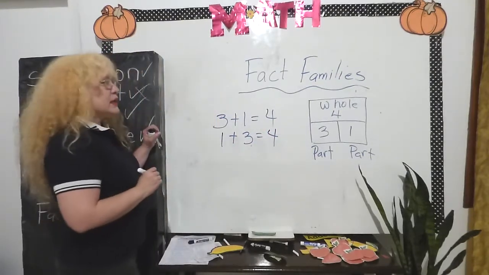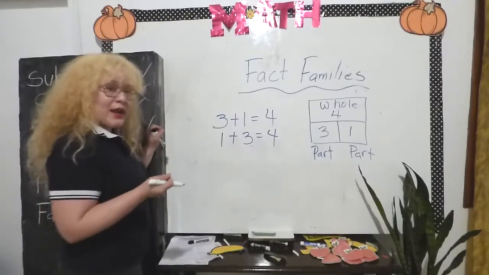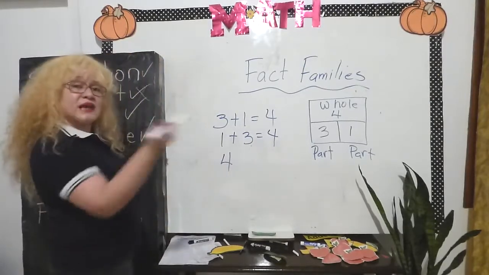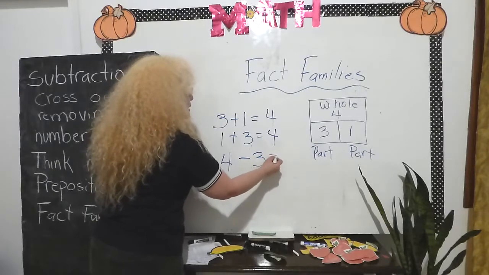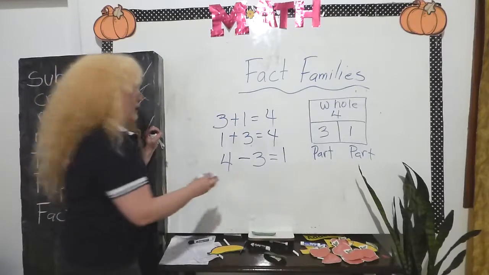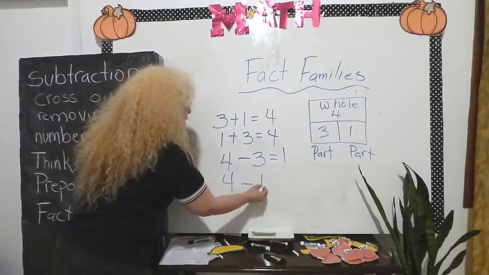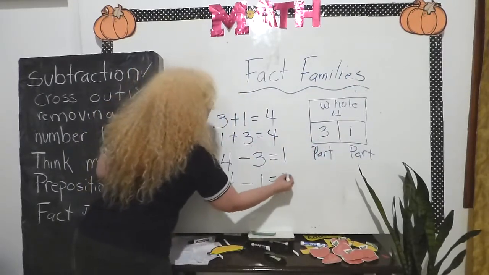It's 4. Now I am going to make a subtraction and I am going to take away one part. Start with my whole because I have to subtract. 4 minus 3 equals the other part. And if I have my whole and I subtract this part, I will have this one left.